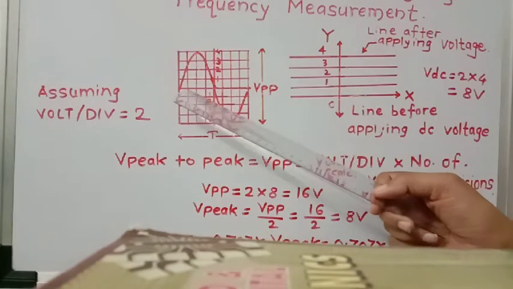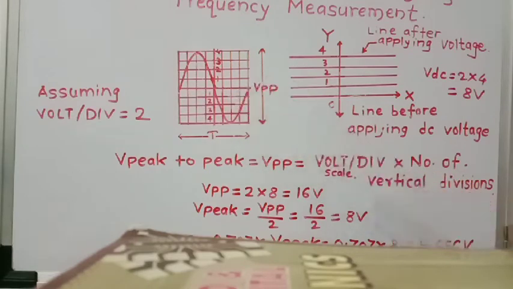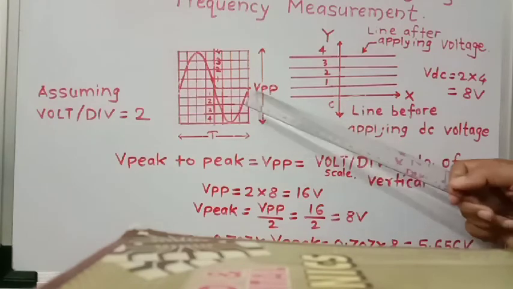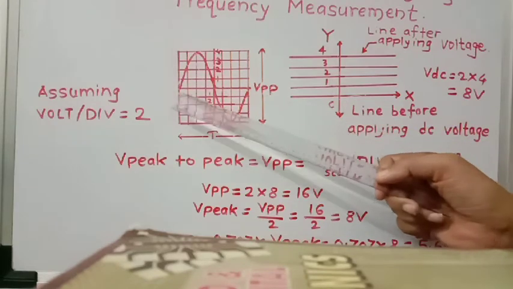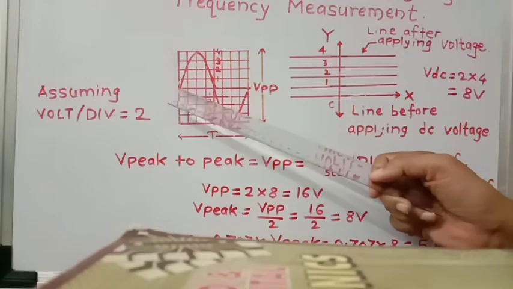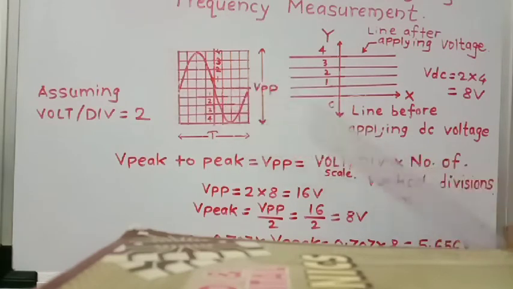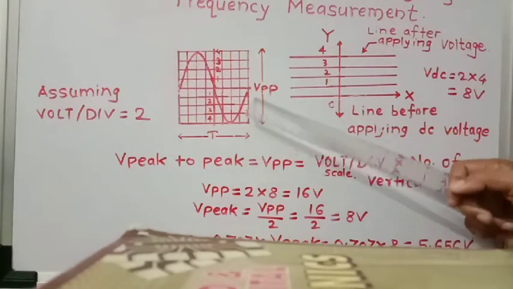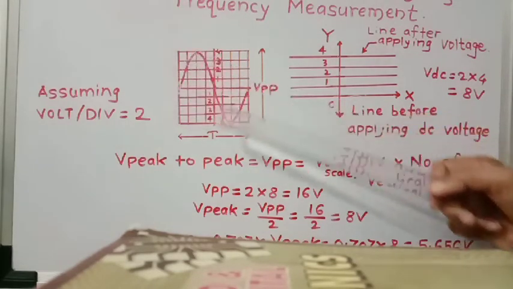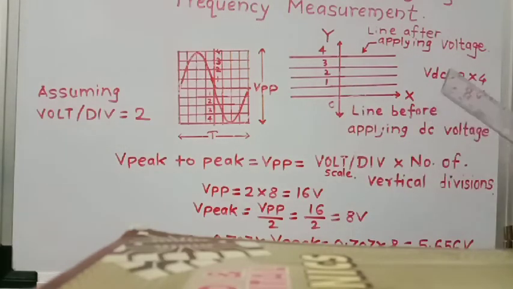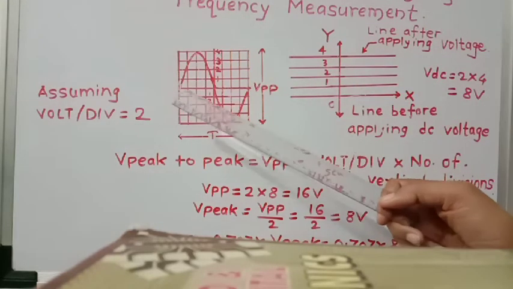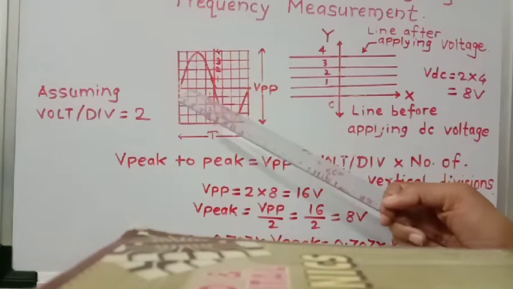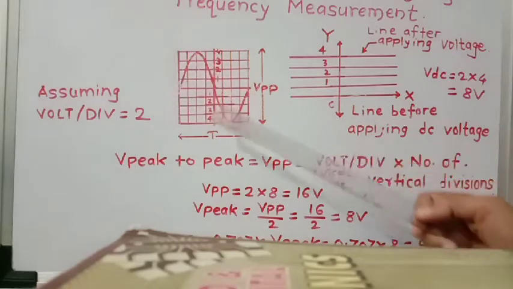That is, the number of horizontal divisions on the x-axis for one complete cycle is measured. See here, this is one complete AC cycle, a sine wave, and the number of divisions on the x-axis is a total of 8 for completing one cycle.